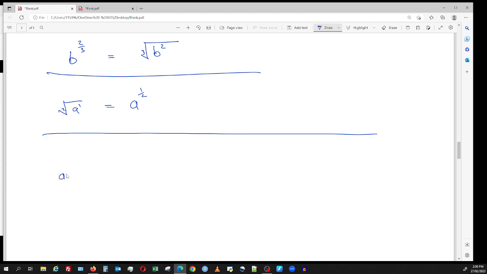Let's do a to the minus a third. Wow. A to the minus a third. Now there are 2 pieces of information. One is the reciprocal and one is the fractional indice. The minus sign tells us the reciprocal.